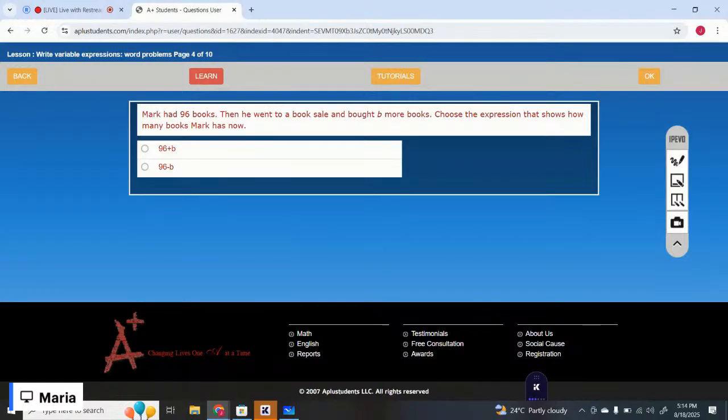Mark has 96 books. Then he went to a book sale and bought 6 more books. Choose the expression that shows how many books Mark has now. So, which is the correct option?